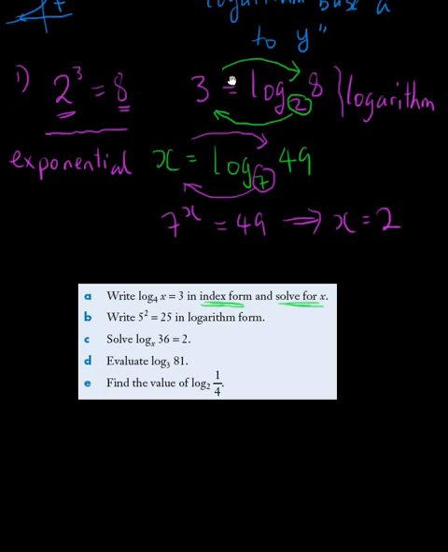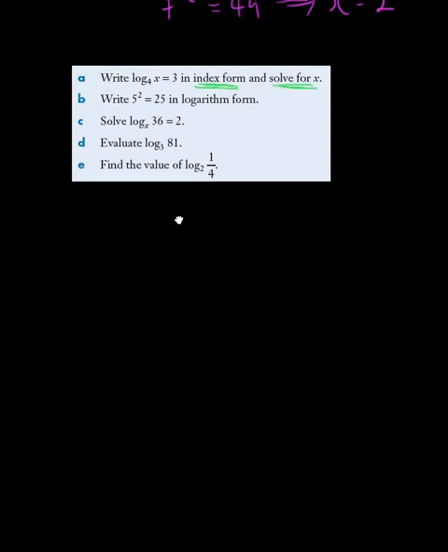So 4 to the power 3 is equal to x in this case. So let's write that down. Here we've got 4 to the power 3 is equal to x. What that means is x must be equal to 4 times 4 times 4, which is equal to 64. So x must be equal to 64.